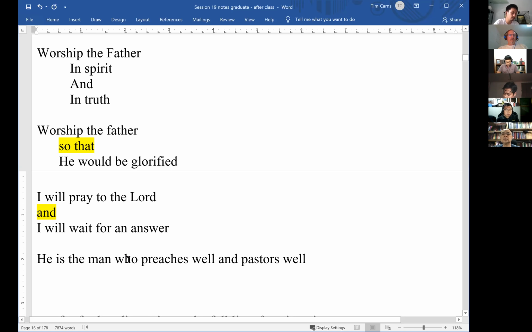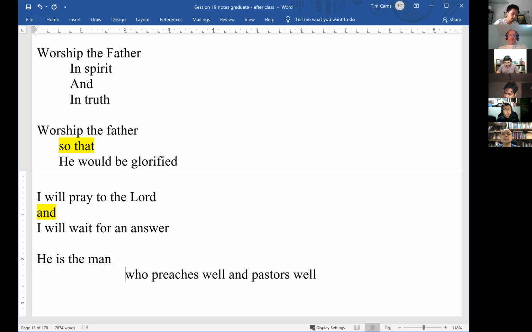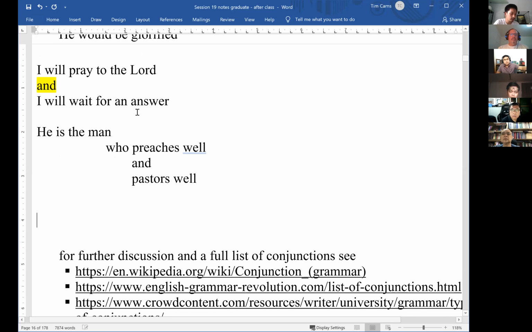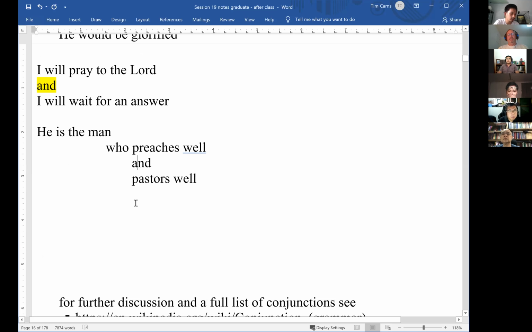So who is a relative pronoun, but it's introducing a dependent clause. And notice this coordinating conjunction and connects those two dependent clauses together.